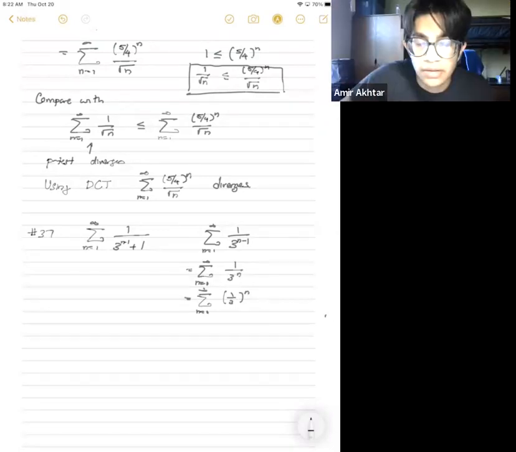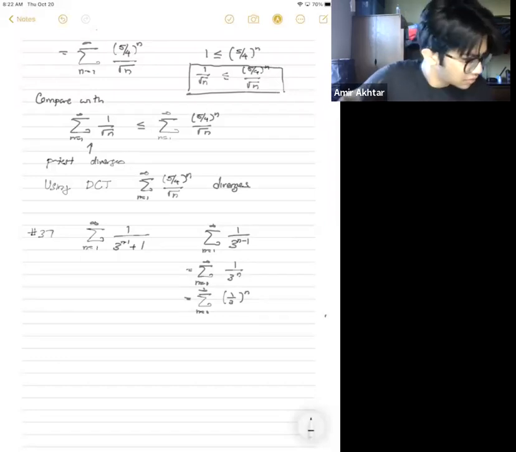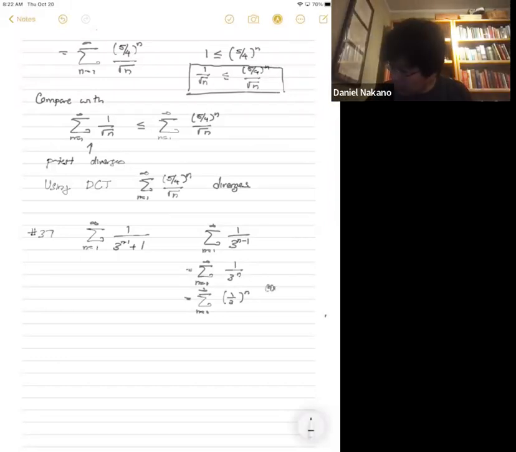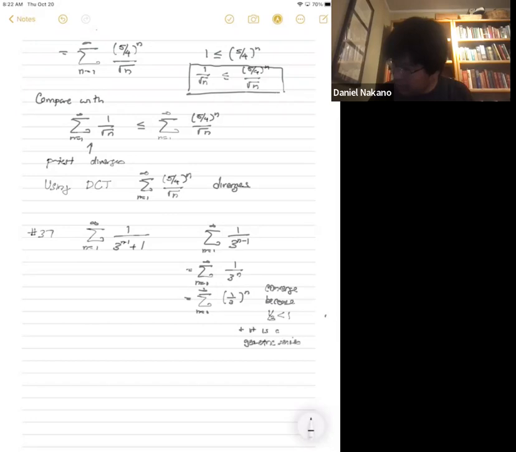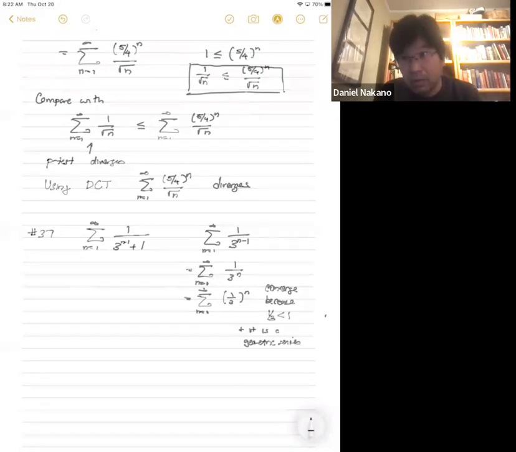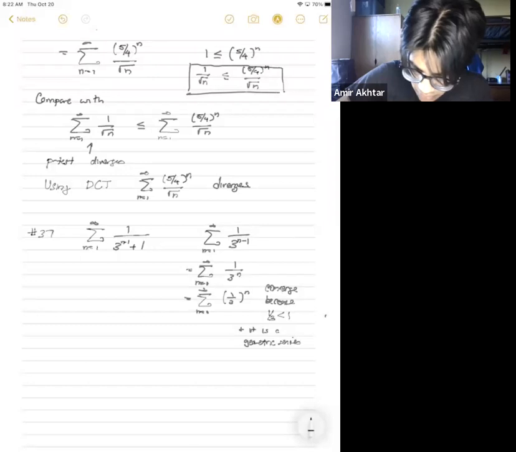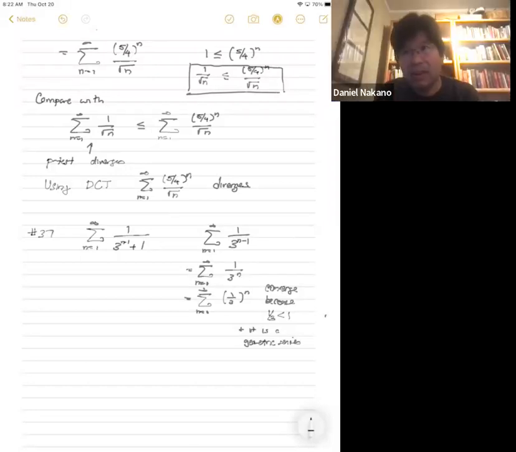It converges, because 1/3 is less than 1 and it's a geometric series. It starts from 0, but if you start with anything, it just matters what happens with the tail of the series. If you just add a few terms at the front, it's not going to affect the convergence or divergence.